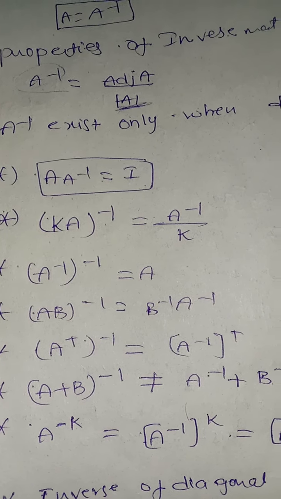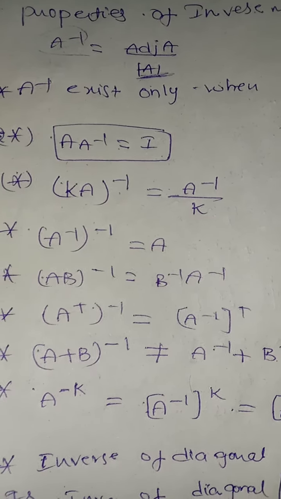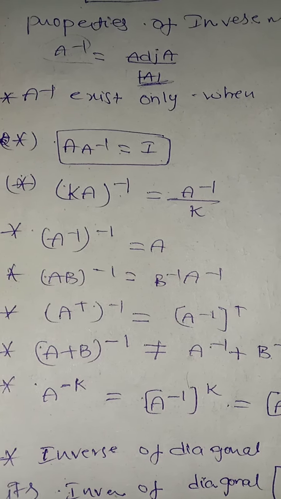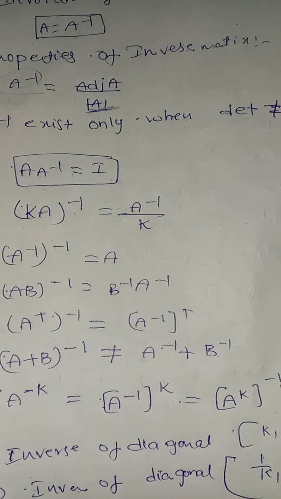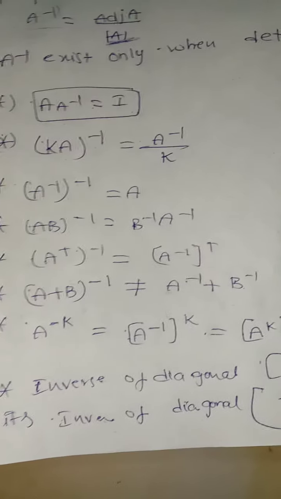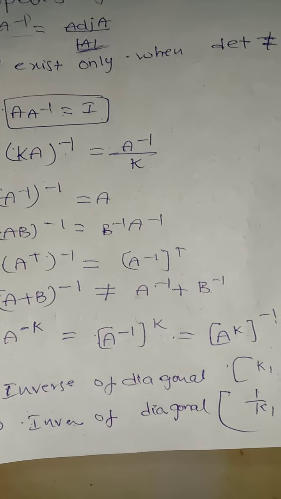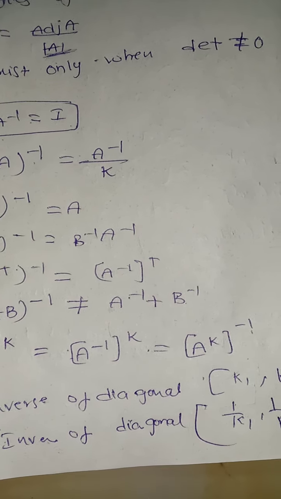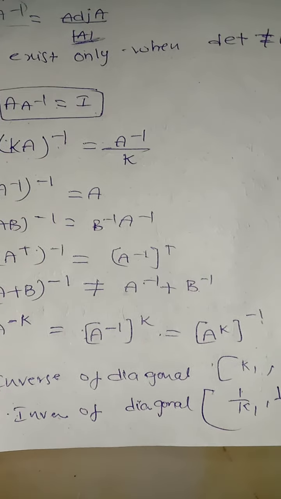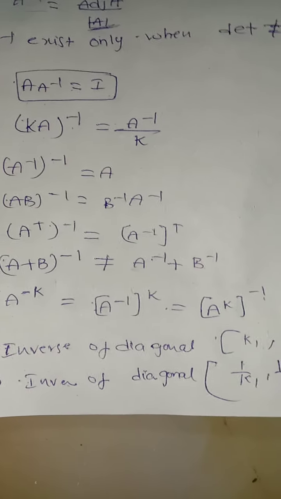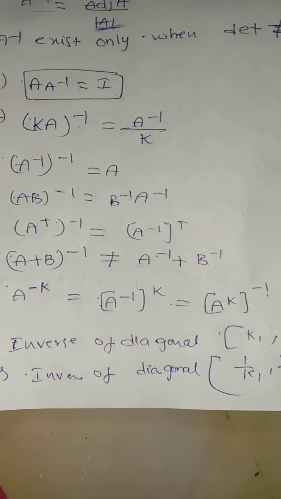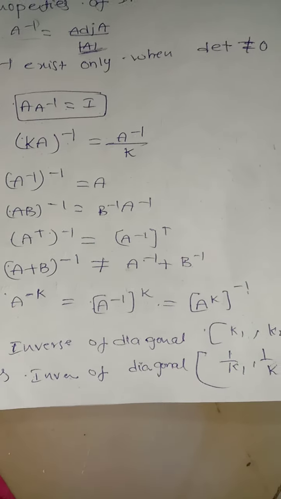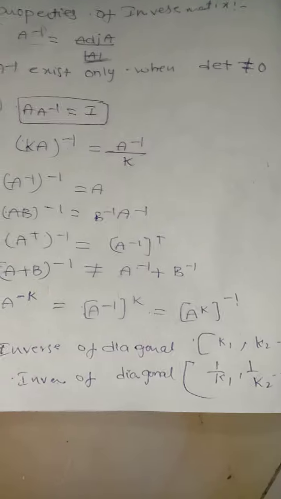A transpose whole inverse equals A inverse whole transpose. A plus B whole inverse is not equal to A inverse plus B inverse. And A power minus K can be written as A inverse whole to the power of K or A power K whole inverse. The inverse of a diagonal matrix can be written as the inverse of its diagonal elements.